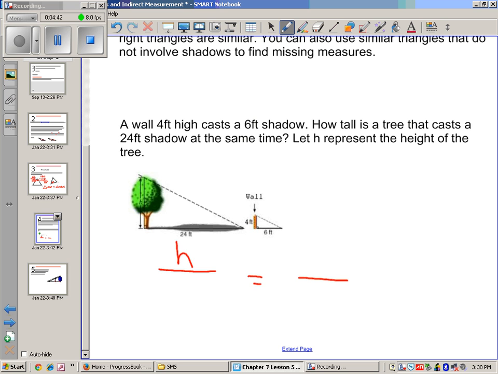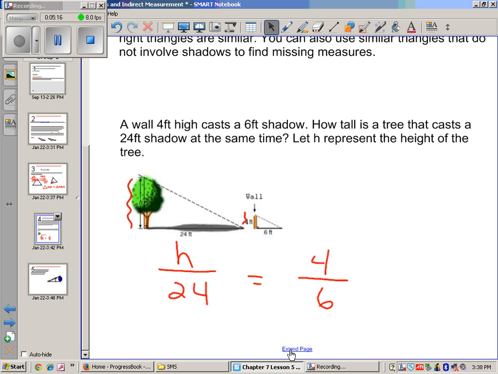And then what is similar to the H over here by the wall would be the 4, and that goes on top. And then we have our 24, our shadow, and then our shadow over our wall, which is 6. Remember, those have to match up. Otherwise, your answer will not come out correct. Make sure you're matching up shadow for shadow. So shadows are on the bottom, heights are on the top.